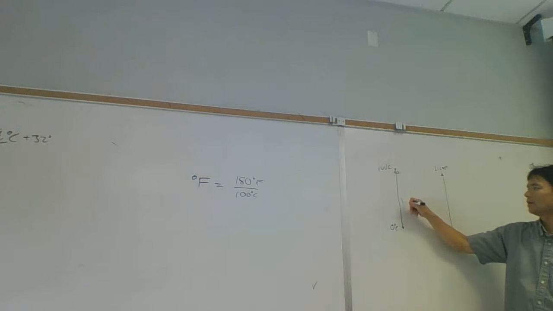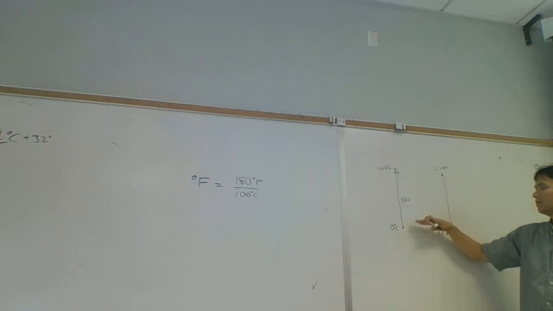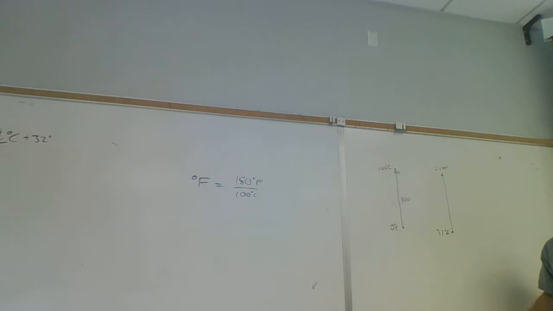And so here I'm going to have 100 steps up, in other words, 100 degrees. Over here, how many degrees or steps are there on this scale? Going from 32 to 212, that would be 180 degrees, correct?